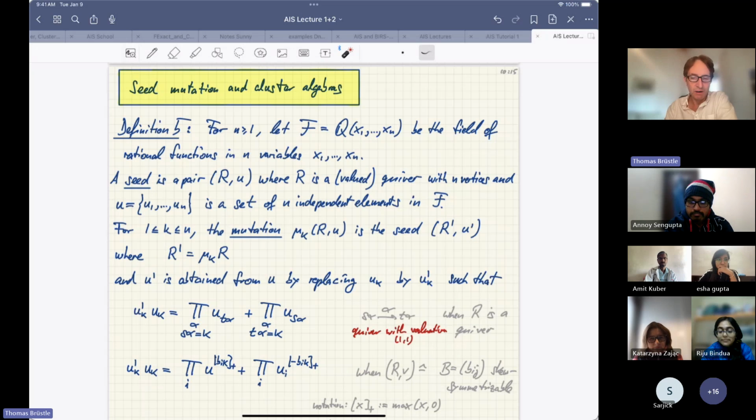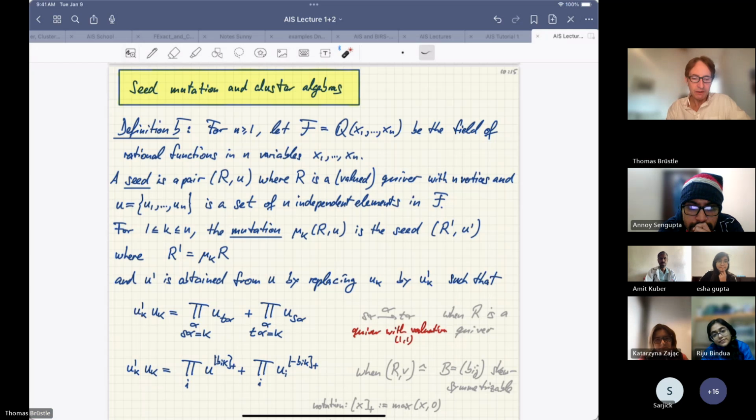So we fix a field of rational functions, which we call F, in variables x1 to xn, with coefficients over the rationals. And then we need to define a couple of notations. First, we say a seed is a pair of two pieces (R, U), where R is a quiver, or more generally a valued quiver, with n vertices.